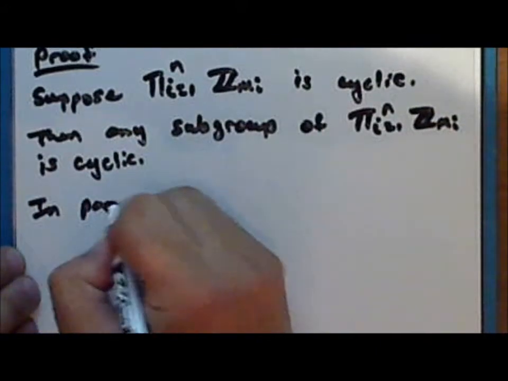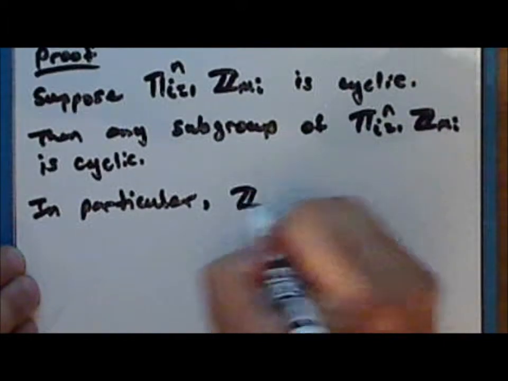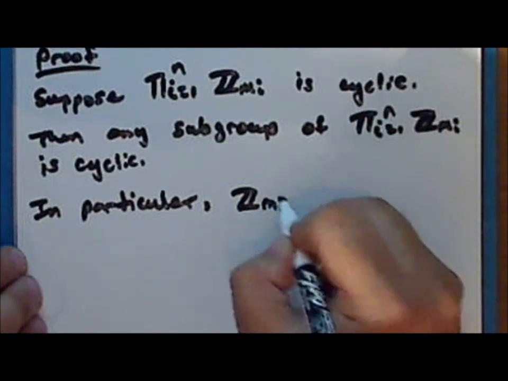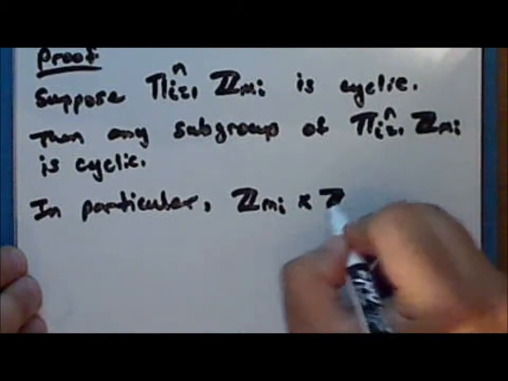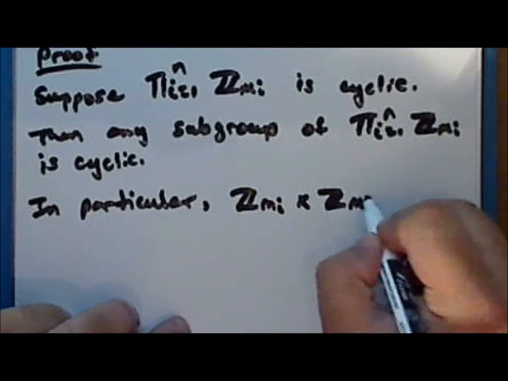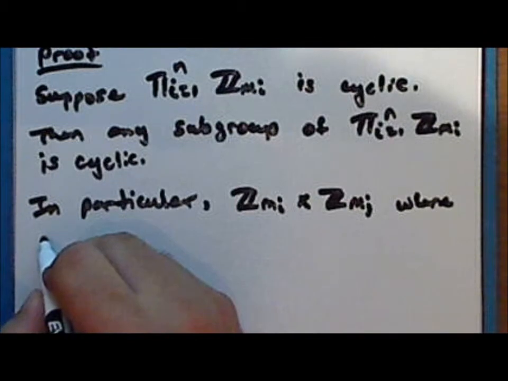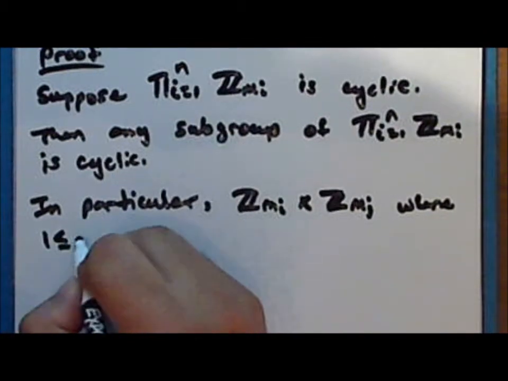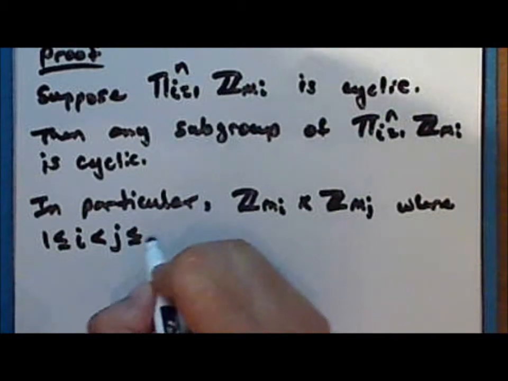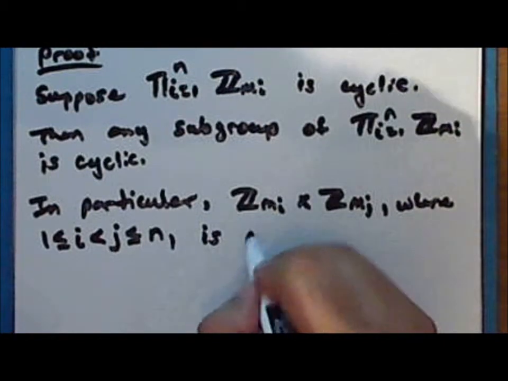In particular, the subgroup, the integers modulo m sub I cross the integers modulo m sub j, where I is less than or equal to 1, which is strictly less than j, which is less than or equal to n, is cyclic.